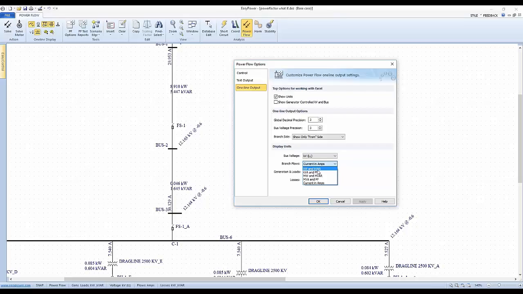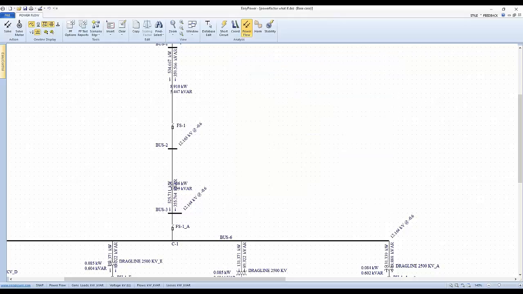And if we look at it in real power and reactive power, we see something obscured by my label here. We see 555 kilowatts and 335 kilovars, which is producing this loss that we're seeing on the side.